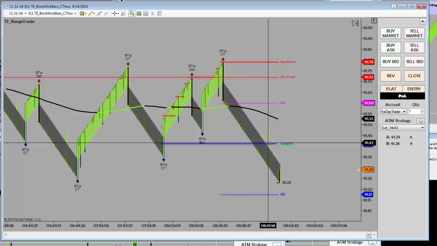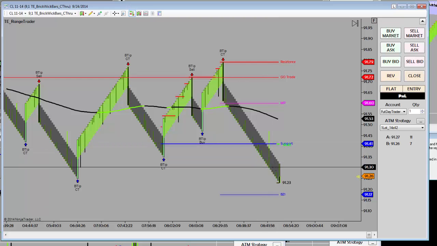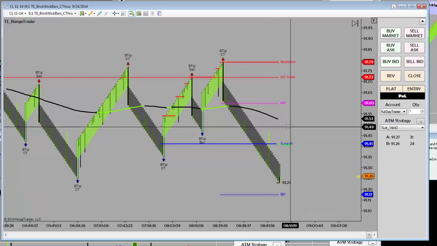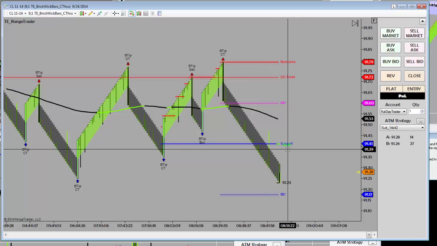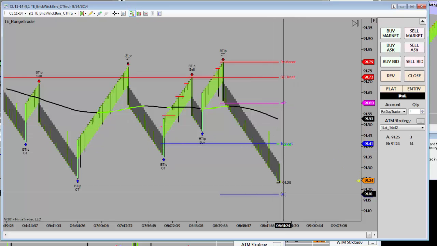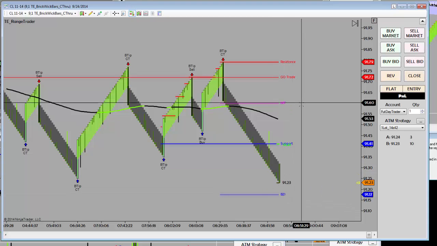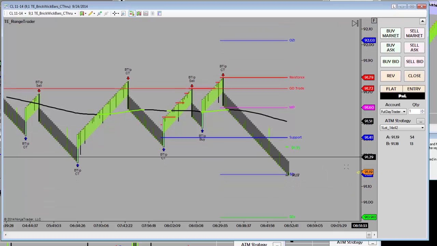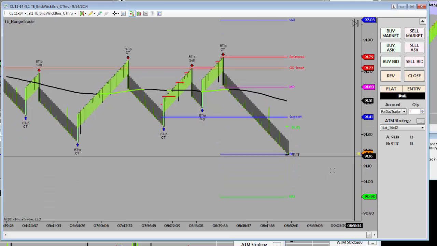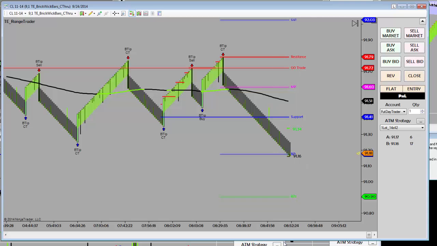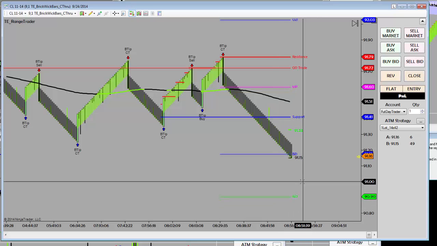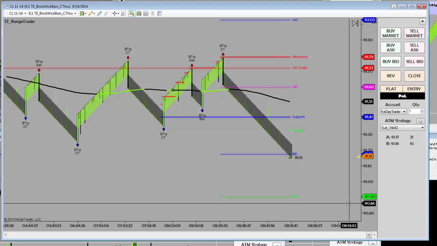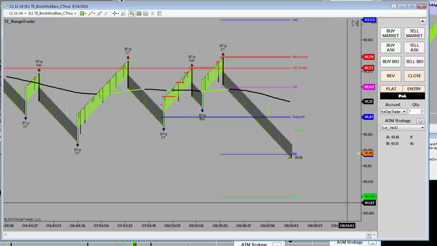So I would have sold this rally here, participate in this sell-off, and you can see we've now taken out our support zone. We expect to move to bid zone 1, which is 91.18. If we don't quite make it, we'll look for short entries back here. There it is. There's bid zone 1 tested. Now remember, we've got a level down here at 90.80, and I've got a bid zone 2 at 90.90.